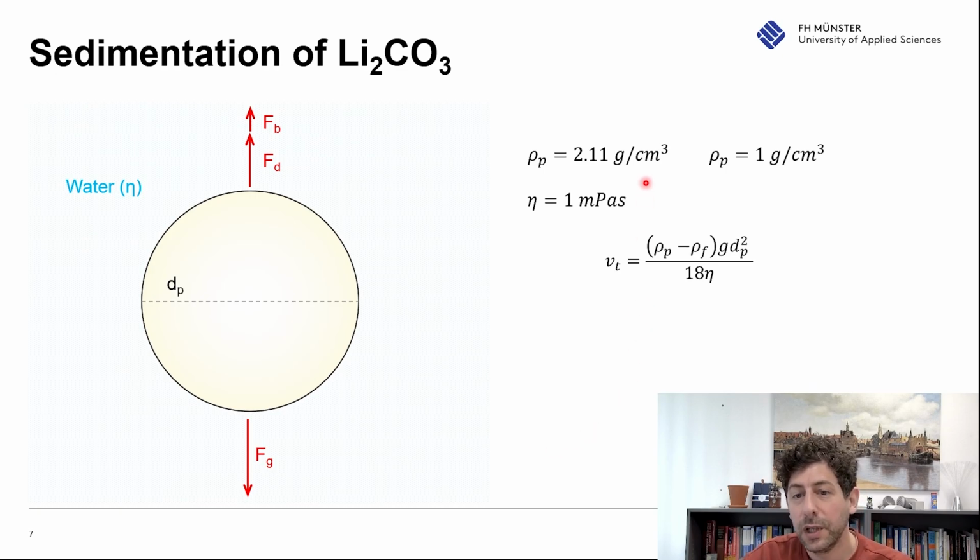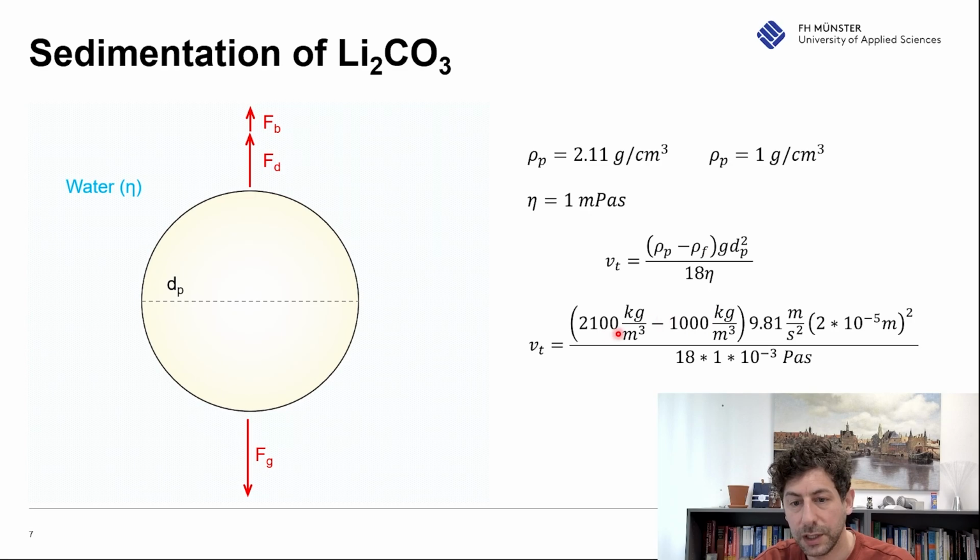You can go to Wikipedia or wherever you want to look up these numbers, and you will get a density of the particle of around 2.11 gram per cubic centimeter, and this is for lithium carbonate, sorry. Lithium of course has a different density. And for water, here's a mistake, I'm sorry for this. This is the density of the fluid, so think about an f. Density of the fluid, 1 gram per cubic centimeter. The dynamic viscosity of water is 1 millipascal second.